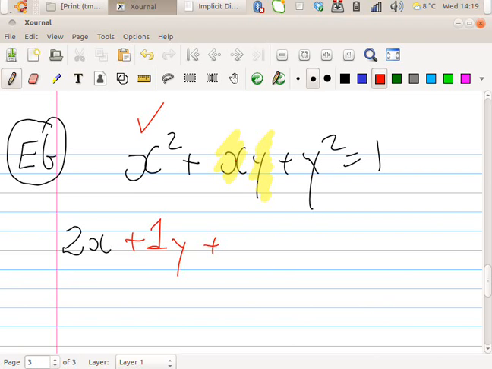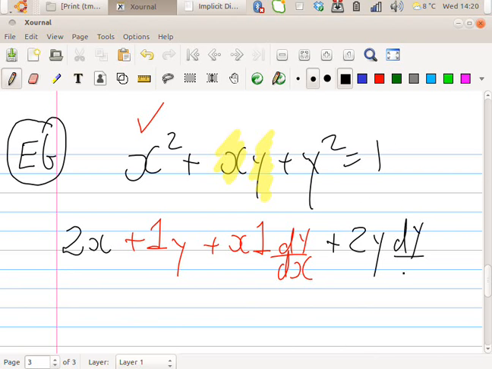Then keep x the same, and the derivative of y is 1 dy dx. Plus 2y dy dx equals 0.